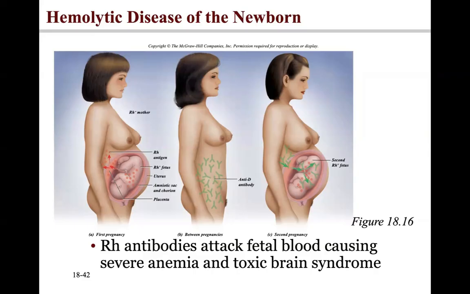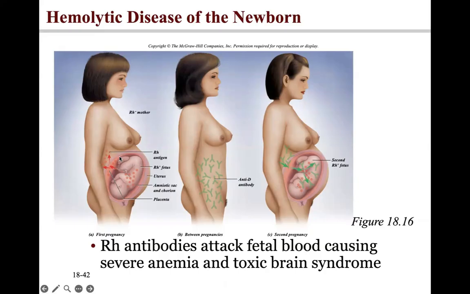The first pregnancy with an Rh negative mother carrying an Rh positive fetus is likely to be uneventful, because the plasma normally prevents the maternal and the fetal blood from mixing. The amniotic sac is there, so it does not let them mix.